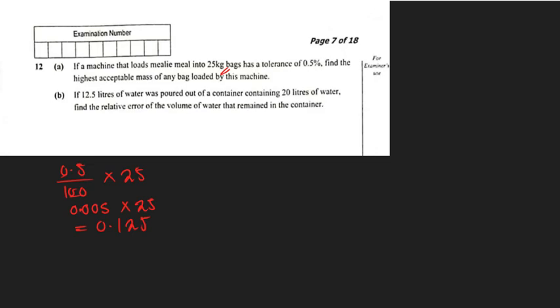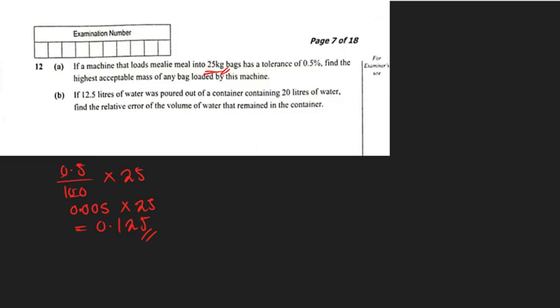Now, here I want to make it clear. Rather than that acceptable maximum value, maximum means what? Maximum. You are going up. So if you're going up, are you subtracting or adding? You are adding. So this same value which you calculated, add it to the original.